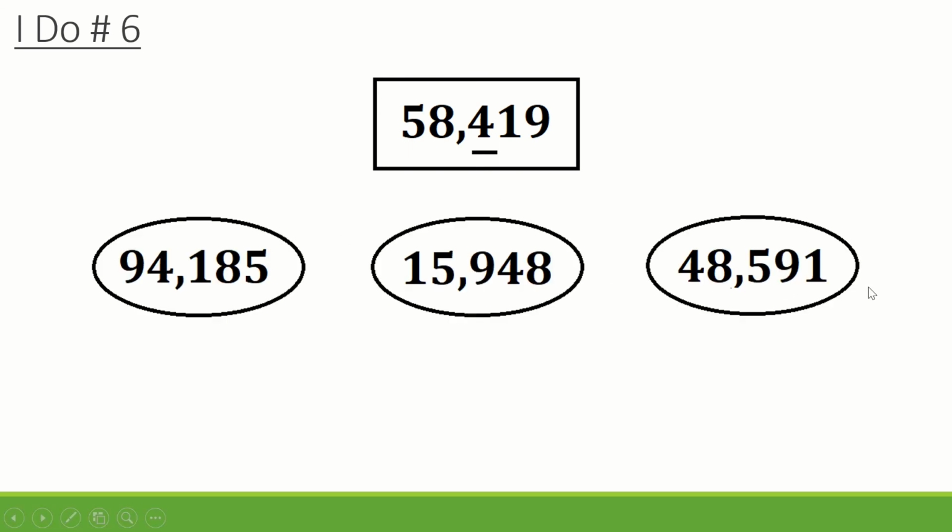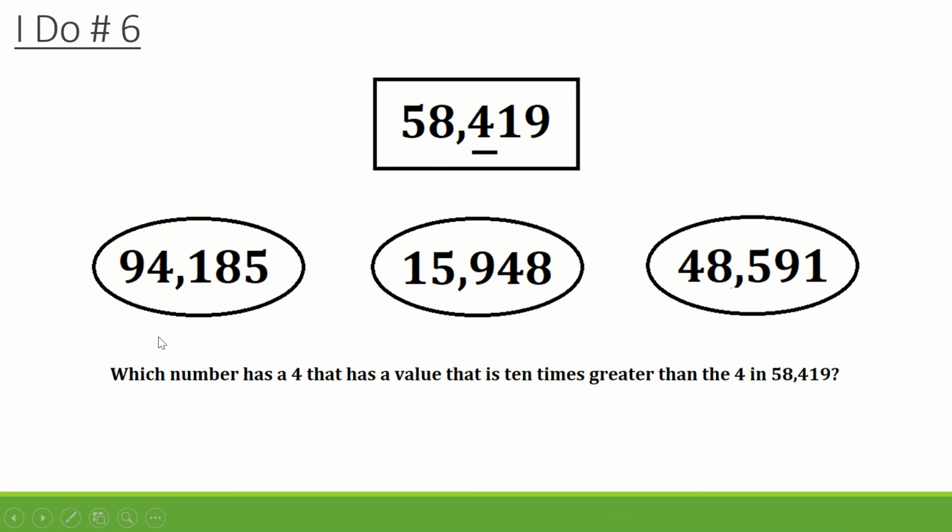And our last I do, we have 58,419. We have three numbers which have had their digits scrambled. They are built out of the same digits as are found in 58,419. They've just been scrambled. And our question is, which number has a 4 that has a value that is 10 times greater than the 4 in 58,419? So I hope that you're able to now see that I need to say, well, I got a 4 here, I got a 4 here, I got a 4 here.